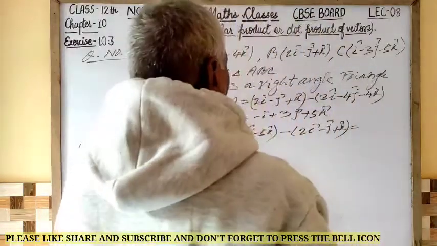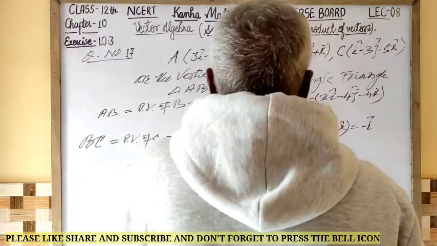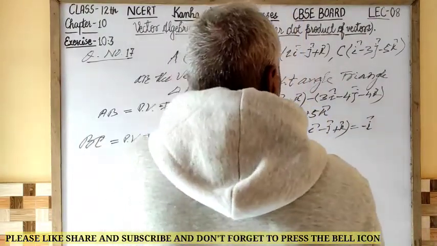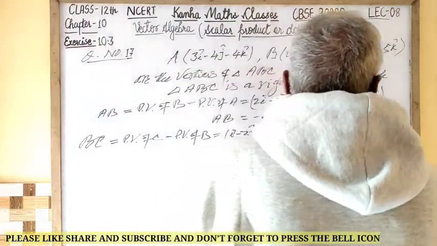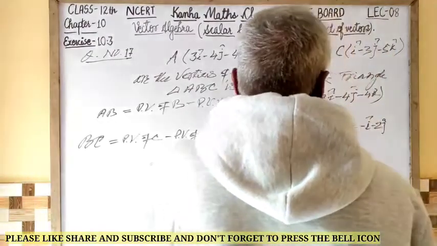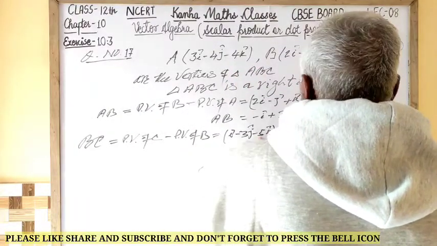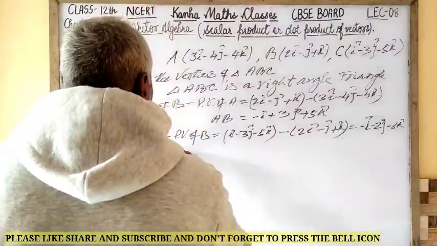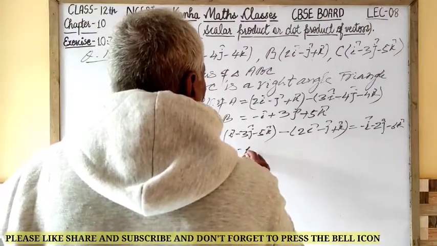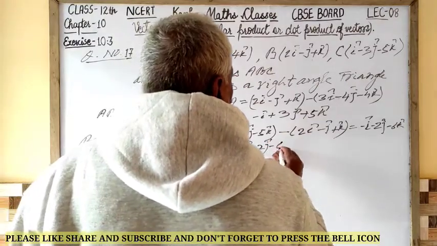So i minus 2i is equal to minus i, minus 3j plus j is minus 2j, and minus 5k minus k is minus 6k. And AB is equal to minus i plus 3j plus 5k.